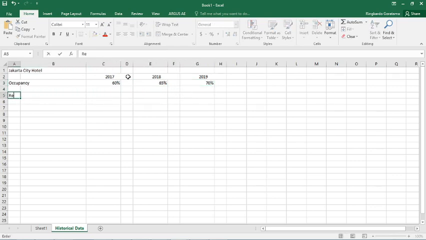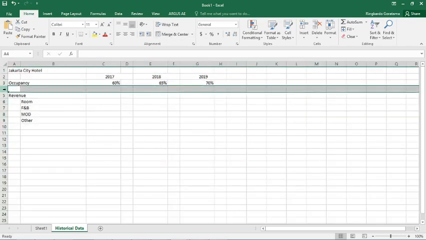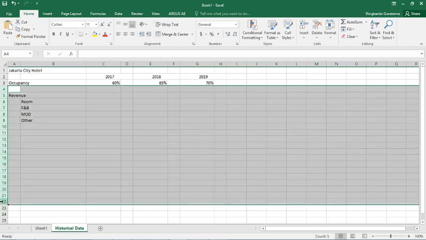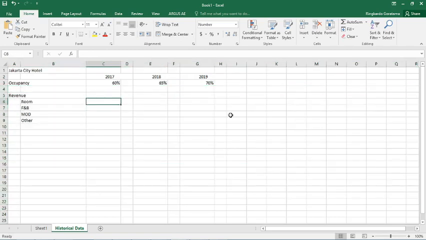Now we analyze the revenue. The revenue came from rooms, from F&B, from MOD, minor operating departments, and others. Let's say the room revenue is 5.7 billion.